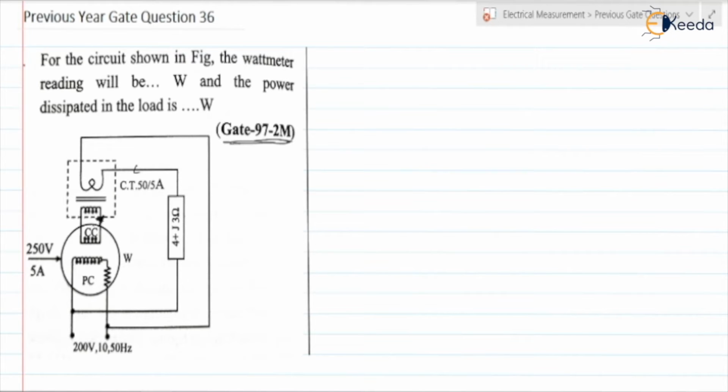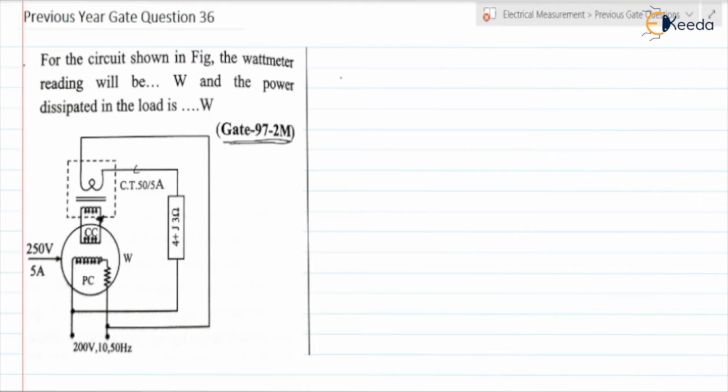So here current flowing through the current coil of the wattmeter is nothing but the current flowing through the secondary winding of the current transformer. And voltage across the potential coil of the wattmeter is equal to supply voltage. So here we can write the load current IL is equal to supply voltage 200 divided by the magnitude of the load impedance.